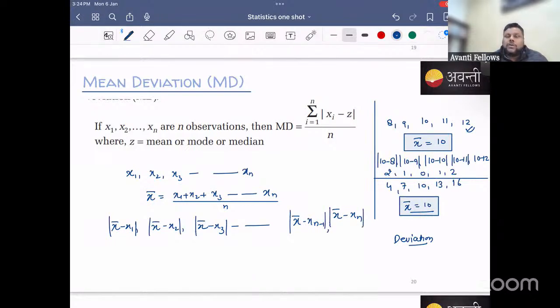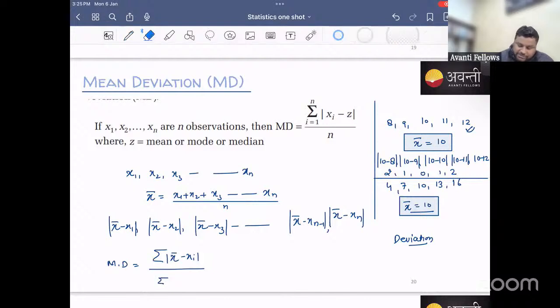The average of these moduli is the mean deviation. So mean deviation is sigma mod of x bar minus xi upon the number of observations.